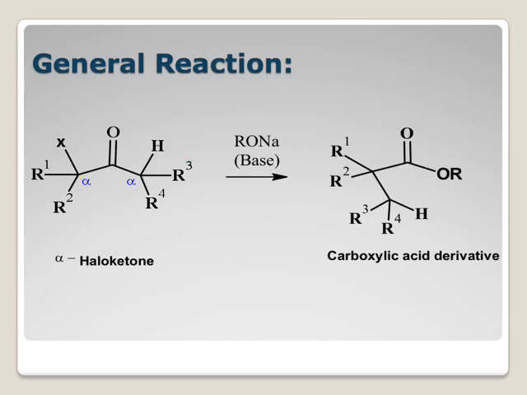If this criterion is satisfied, then it leads to formation of carboxylic acid or its derivatives. But there are certain exceptions that I will also explain in this video in the end. So till now it is conversion of alpha haloketones into carboxylic acids.